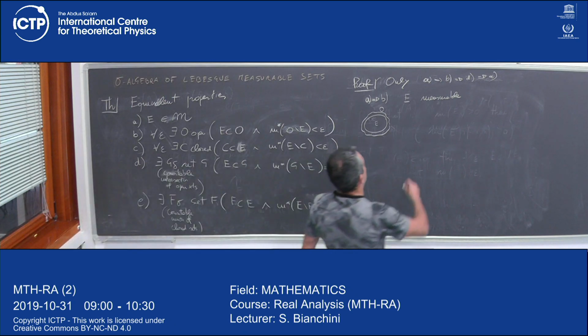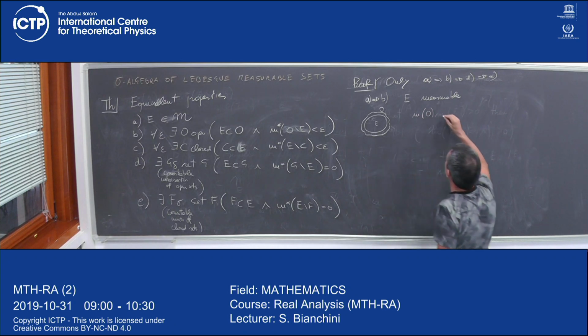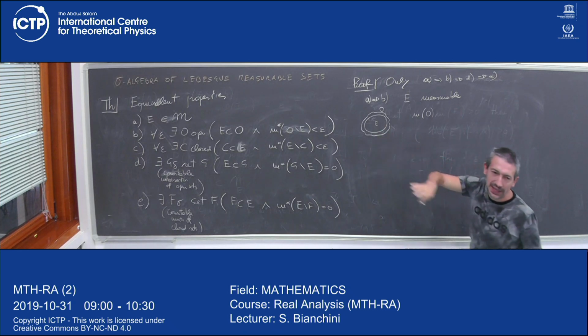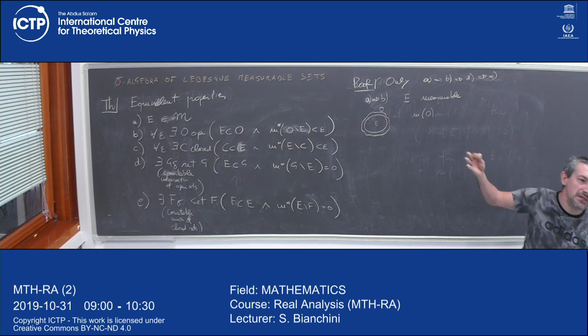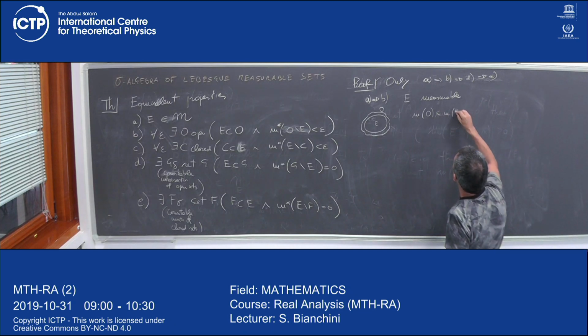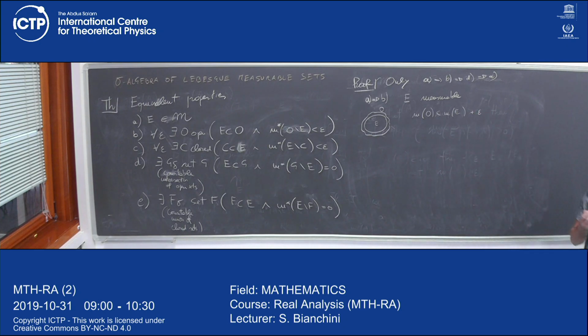Okay, E is measurable. I have E, and I have this O, which is built as something with essentially the outer measure of E. It's an open covering. Let's assume always E finite; I don't want to treat the infinite case, you can do that. So M of O is less than M of E plus epsilon. This is by definition of the Lebesgue measure, because it's concerned with the outer measure. Then I have to use measurability.